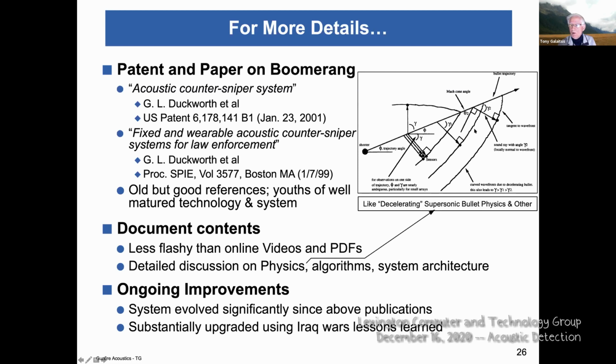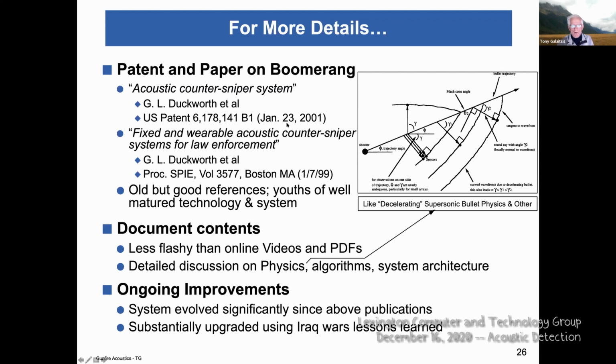The shock cone is no longer a cone. It's a rounded cone, because as the bullet slows down by air friction, the cone angle becomes larger and larger. It's like opening an umbrella. It starts very sharp as a cone, and then when you open it, it has a much more rounded top.